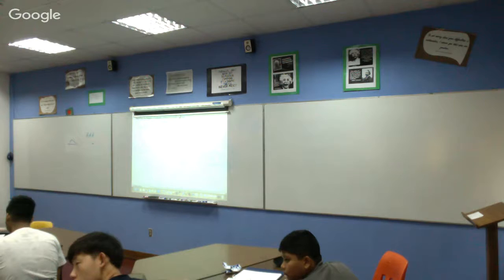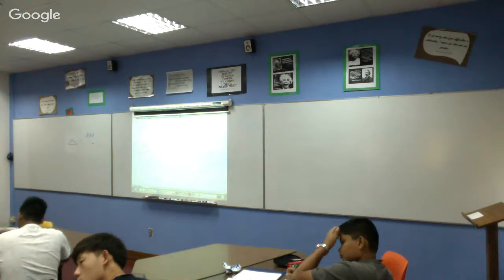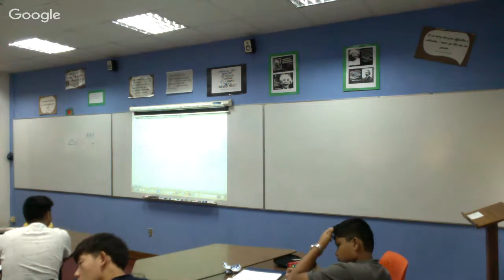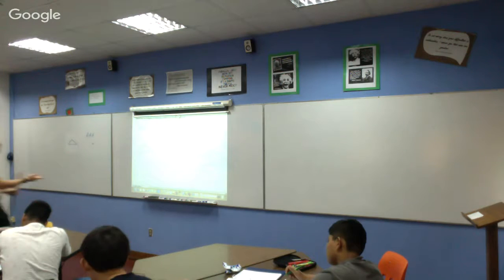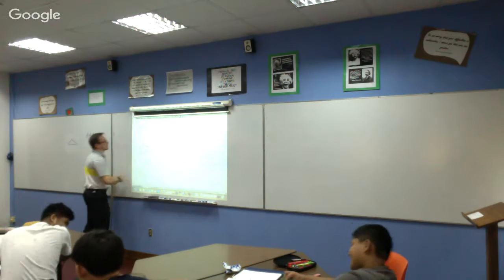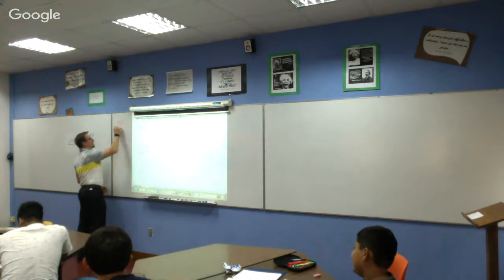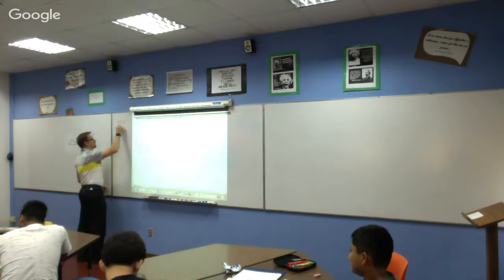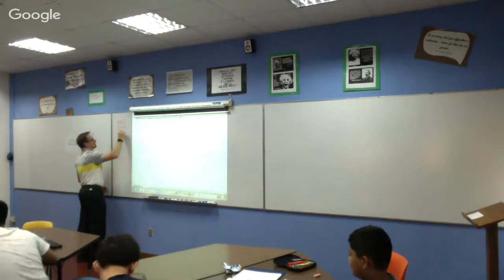One of those 5 things. That's it. All you got to do is write side, side, side, side, angle, side, angle, side, angle, angle, angle, side, or hypotenuse leg. We do not need to write a whole doctoral thesis about why these two triangles are congruent. Okay? So I know some of you guys really think that sometimes that's what you got to do. You got to write everything. Okay? You don't have to.